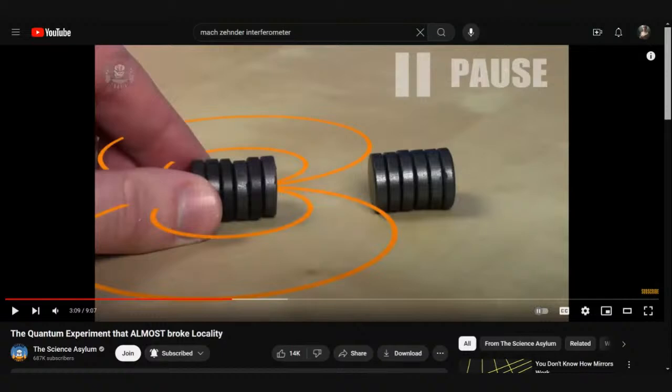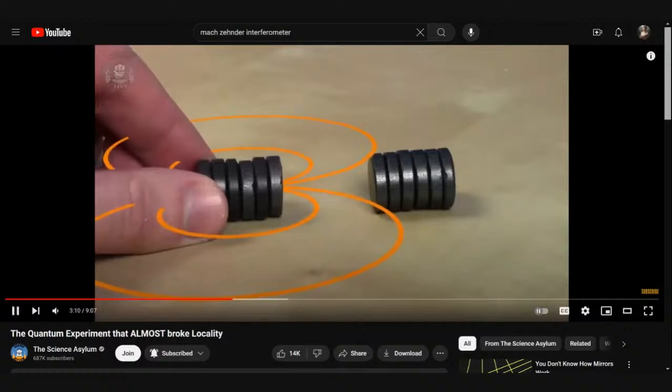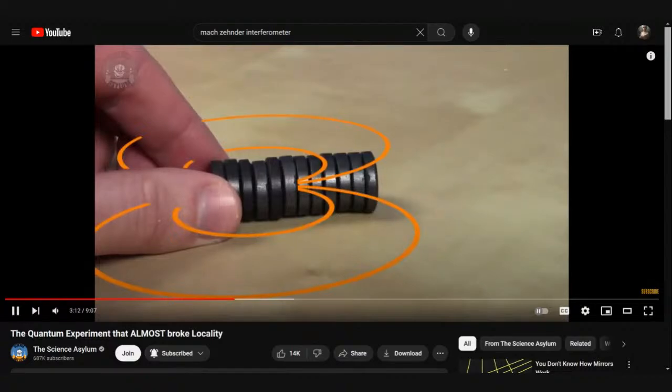So you should be able to detect this field, but your animation didn't say that. And what do you mean the magnet creates the magnetic field? So it should be losing something. If something is coming out of the magnet, it should be losing mass. And that field affects the second magnet. How?